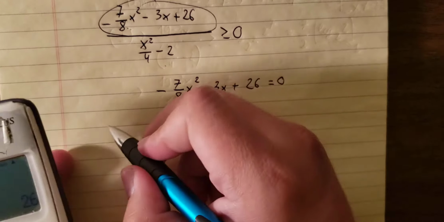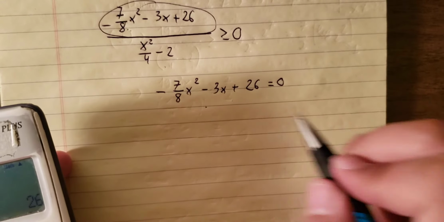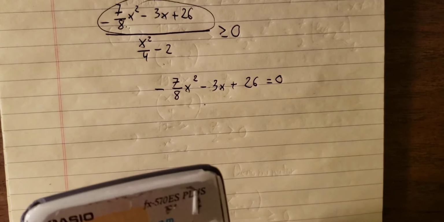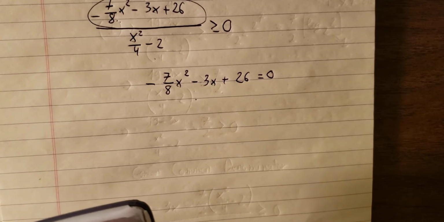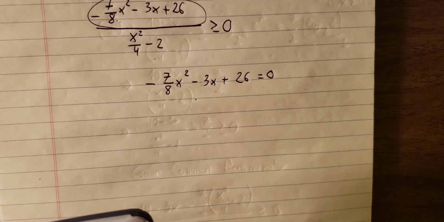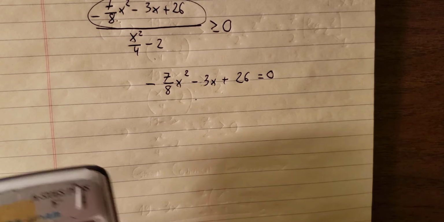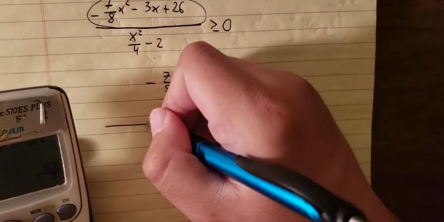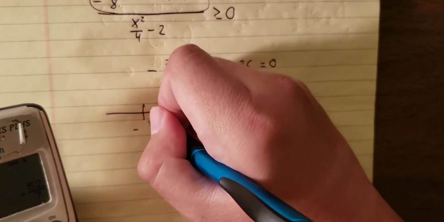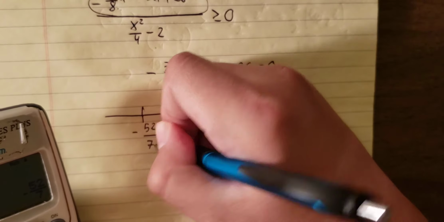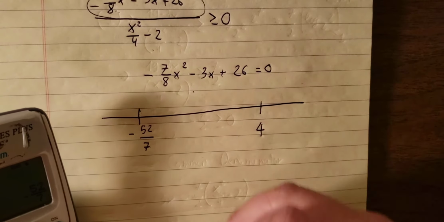Later we can find the positive negative interval. So on this one we have negative 52/7 and number 4 in here.